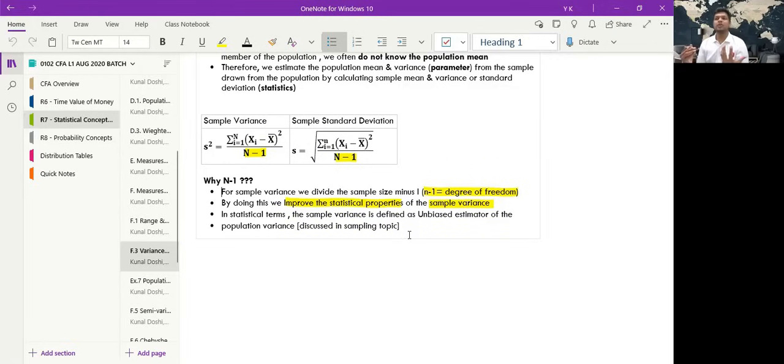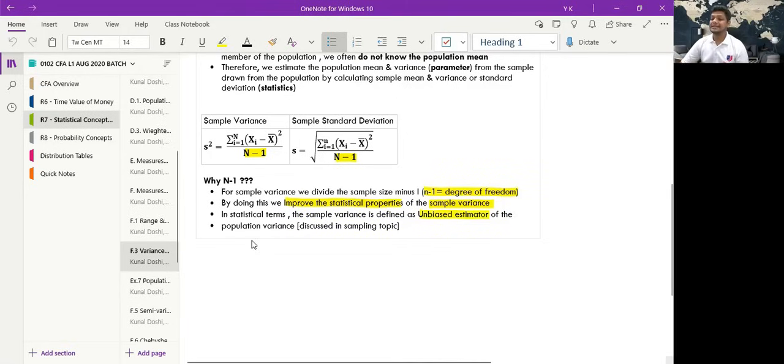It's like when a client asks what the risk can be: instead of saying lower risk, you say, sir, this can be the maximum risk. That's what we do with a sample. In statistical terms, sample variance is defined as an unbiased estimator of the population variance.